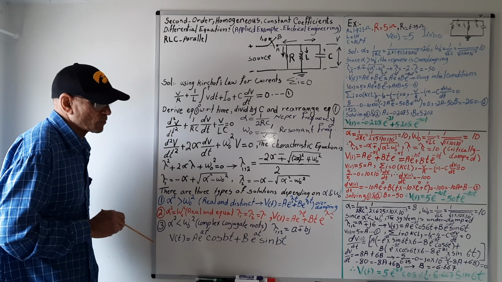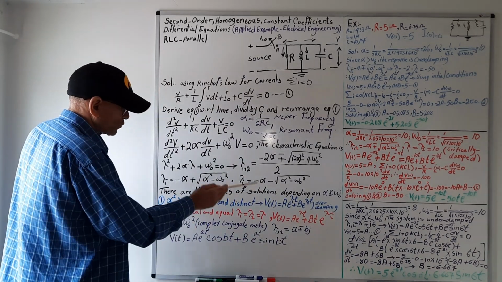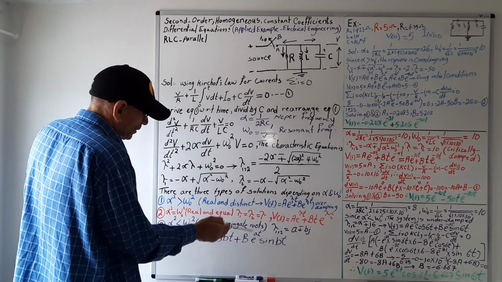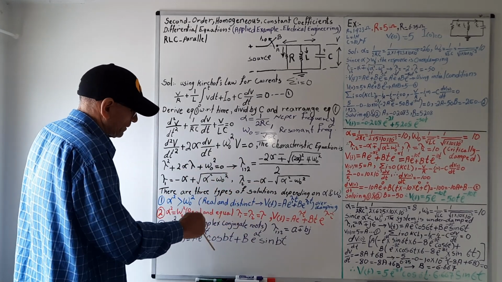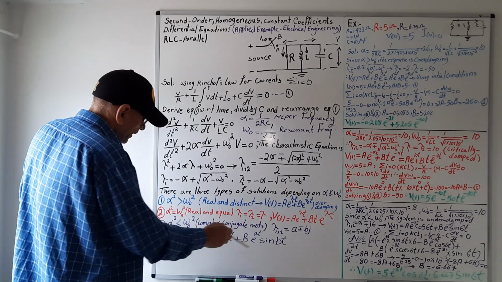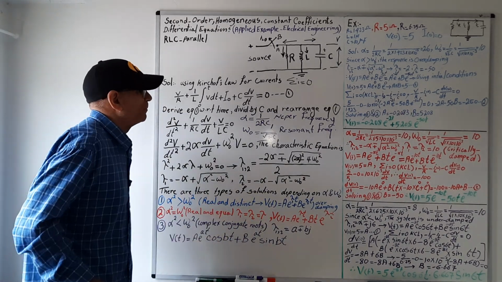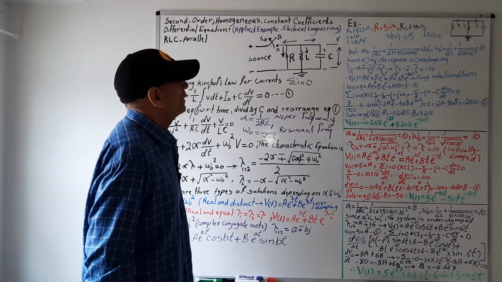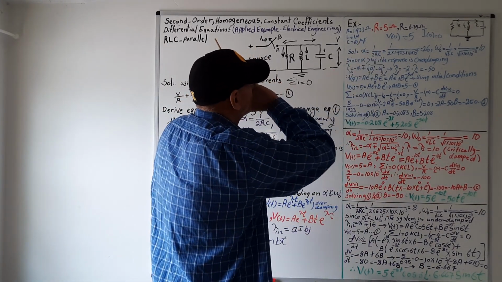This case is called underdamped. The first one is overdamped, and this is critical. We move from the first to the second, and the third is underdamped.